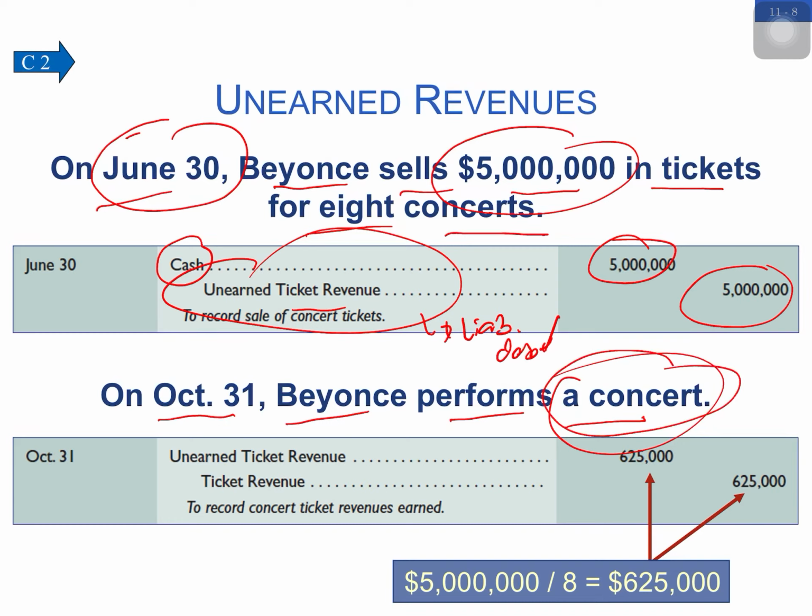When Beyonce has done the job, then Beyonce can claim a revenue of 625,000, and the liabilities are reduced by 625,000. How do you get this number? 5 million is for 8 concerts, so you can calculate how much is for one concert. 5 million divided by 8, you got $625,000 per concert.